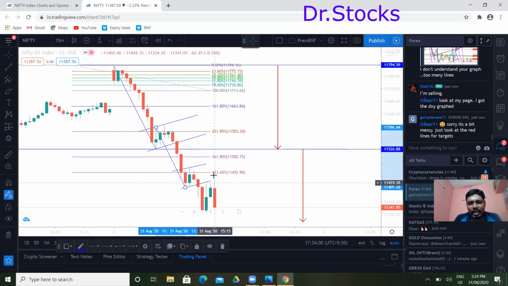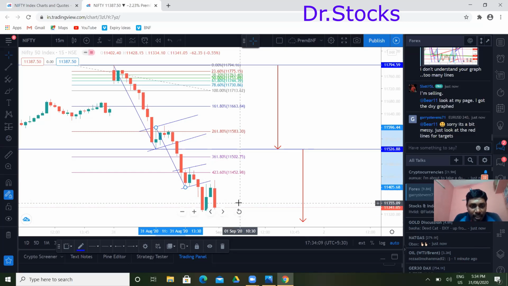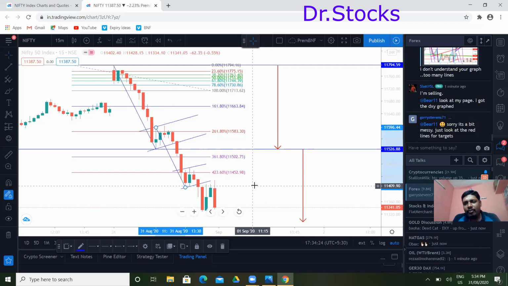It tried to make a move on the upper side, but still it didn't. And again we had one more flagpole pattern, from here again there is a flagpole pattern forming. So why I am showing this is you should not take a buy immediately until and unless this signal is continuing.